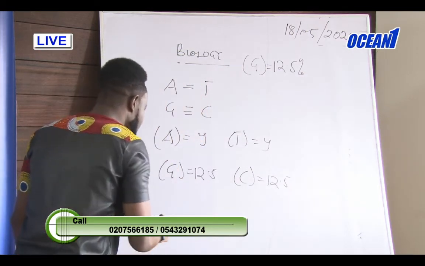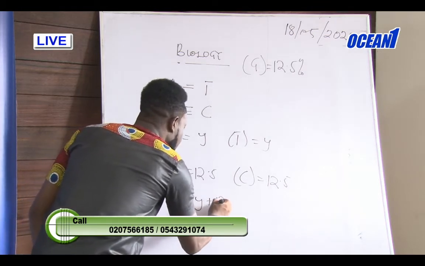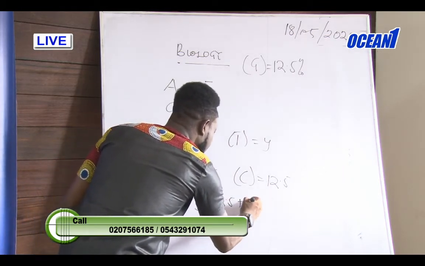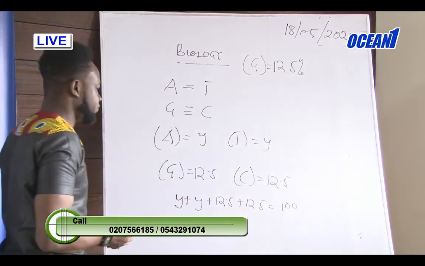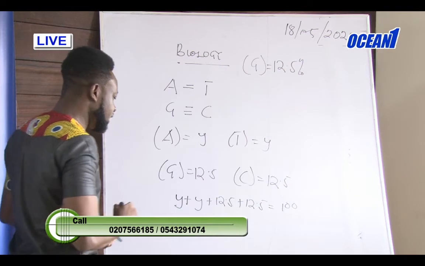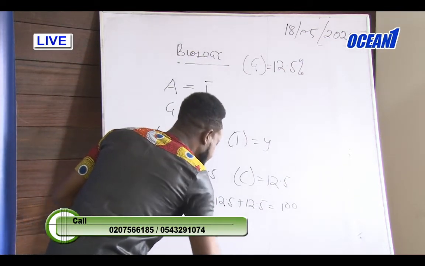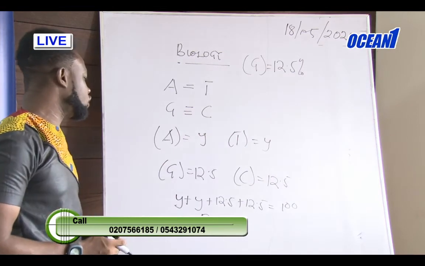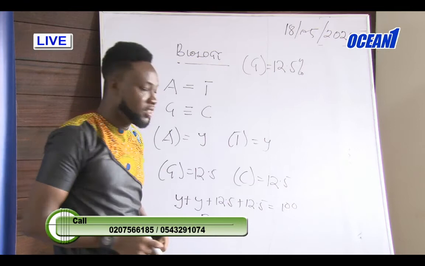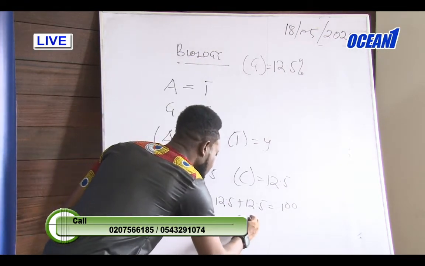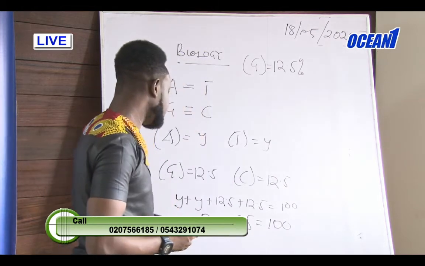So Y plus Y plus 12.5 plus another 12.5 should be equal to 100%. So 2Y plus 12.5 plus 12.5, what are you going to get? You are going to get 25. So 2Y plus 25 equals 100.